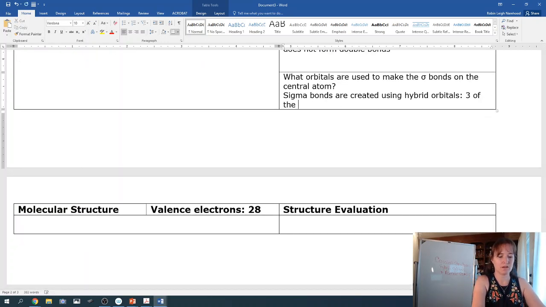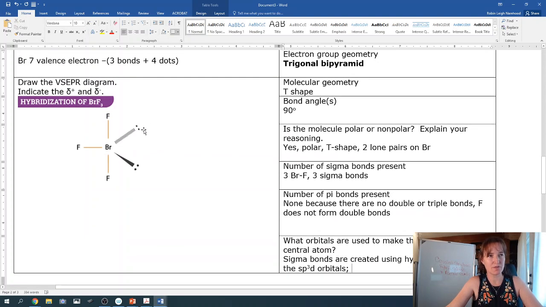There's 5 sp3d orbitals total. 2 of these orbitals are lone pairs, and the other 3, here's one of the sp3d orbitals, here's another one, and here's another one. Those are used to create the sigma bonds.